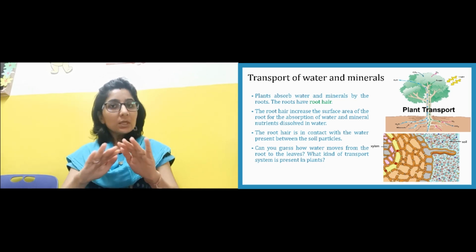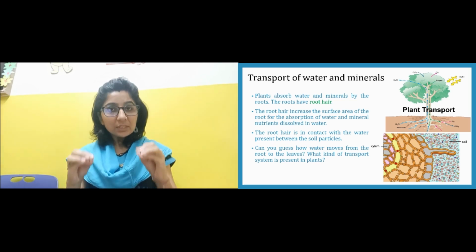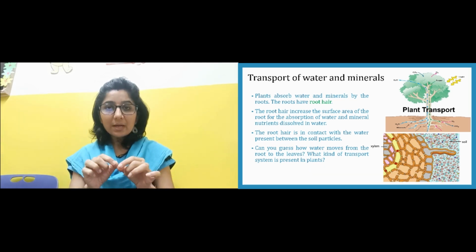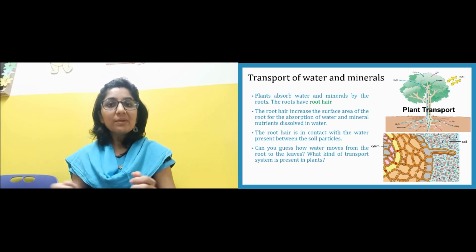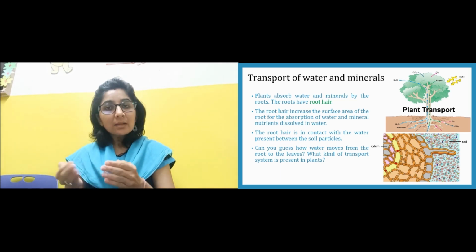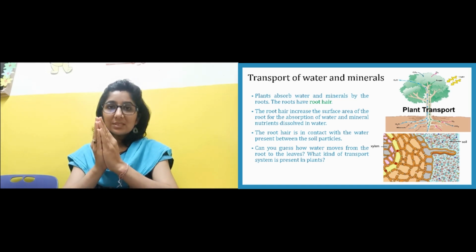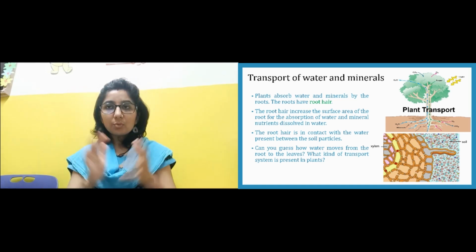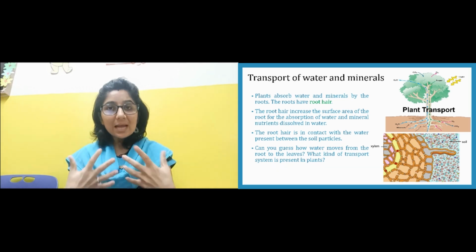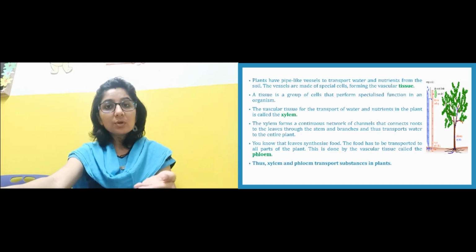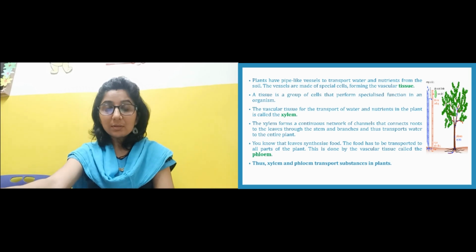Now see, the soil layer is there. In the soil, in between the soil particles, there is water present, right? This water will be absorbed by the root hair. Through the root hair, it will go into the root, through the root into the stem, and through the stem to the leaves. But how exactly does it pass from the root hair to the leaves?